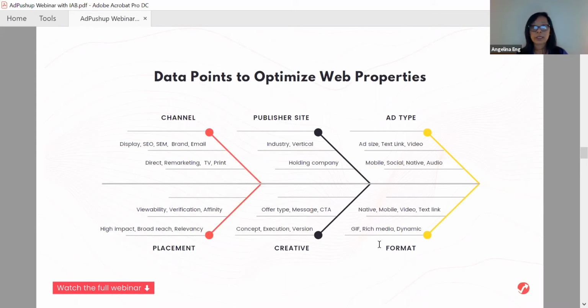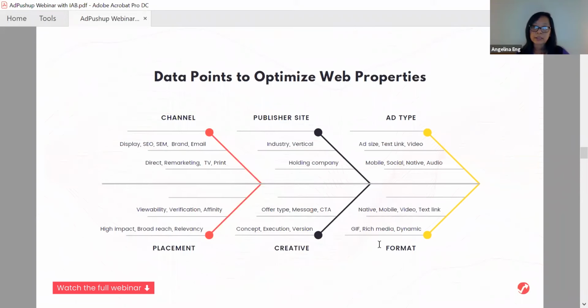So again, looking at industry or vertical, and the holding company that those advertisers are from, and correlating that back to the content that's on your site, as well as the type of units that are running. So for example, for homepage takeovers, if you have brands that are looking for brand awareness, which advertisers are you seeing that response rates and engagement rates are high?